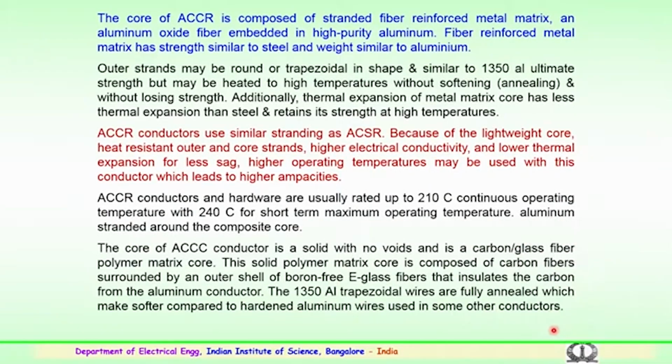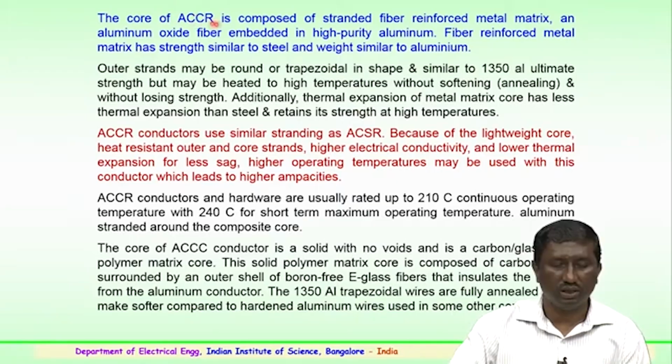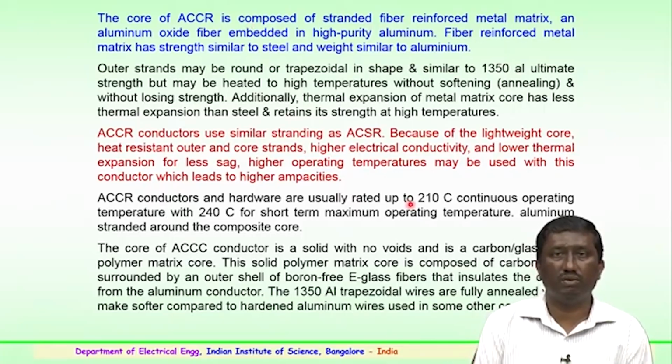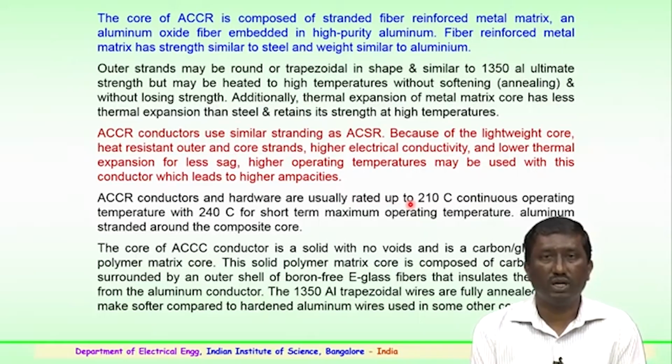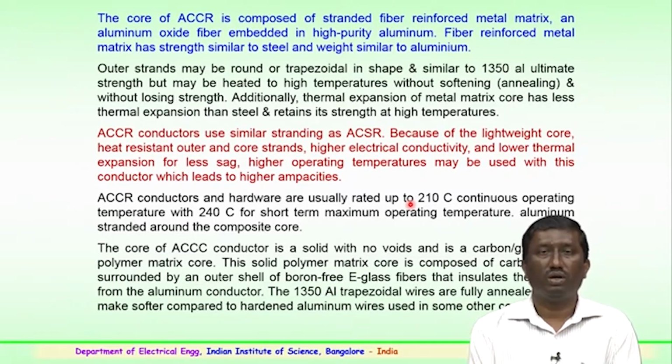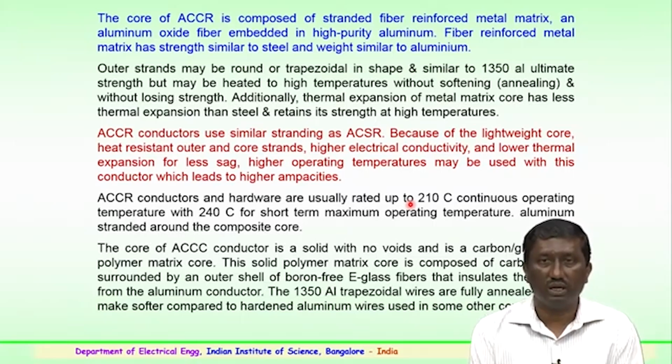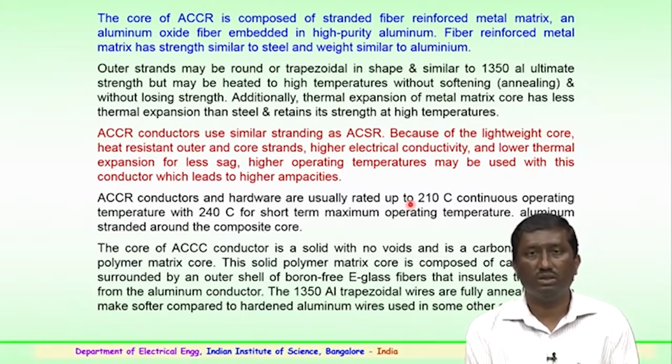The core of these high temperature, high current conductors, or ACCR, is composed of strands with fiber reinforced metal matrix, which is an aluminum oxide fiber embedded in high purity aluminum, it has to be noted here. The fiber reinforced metal matrix has strength similar to steel and weight similar to aluminum. So, the core has mechanical strength equivalent to steel.